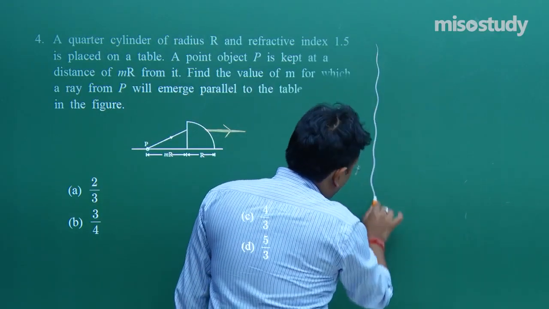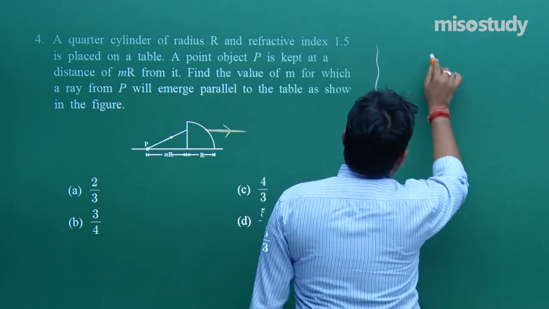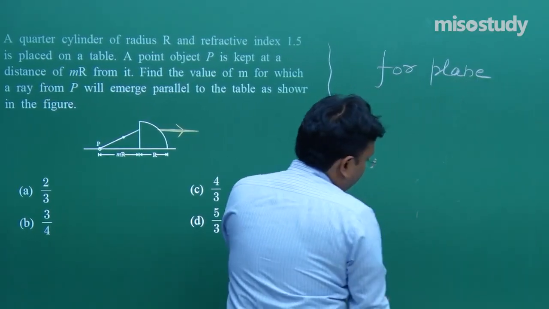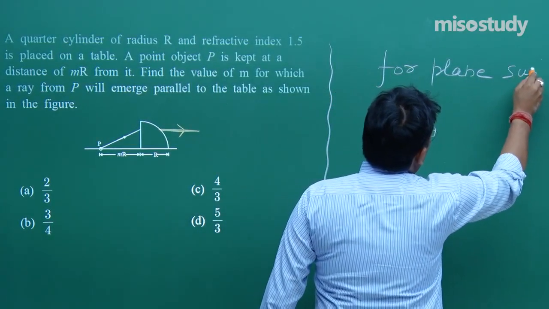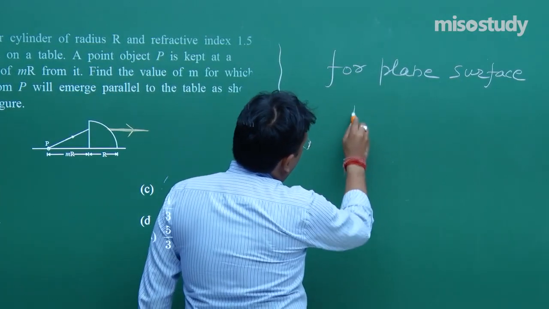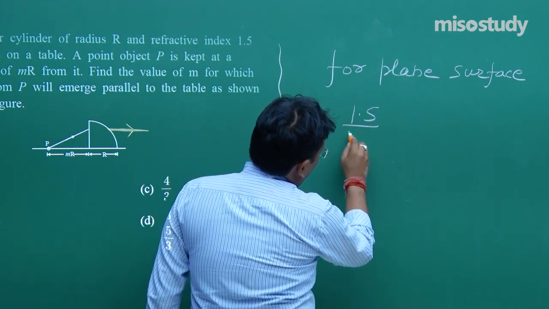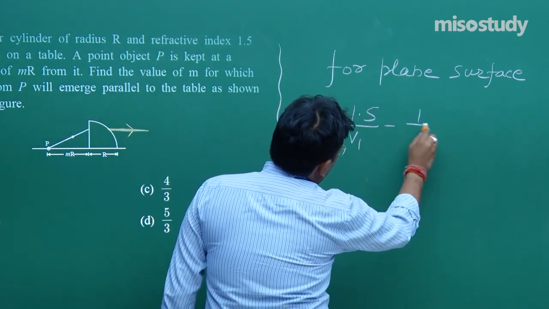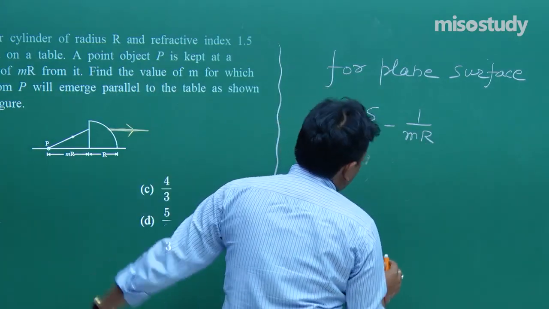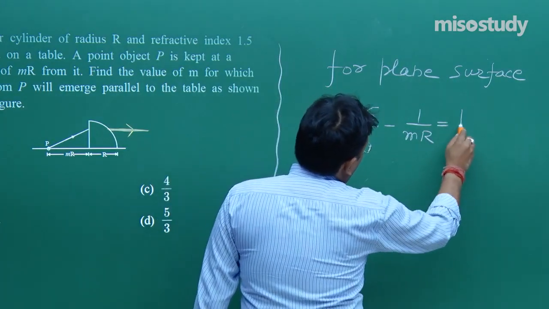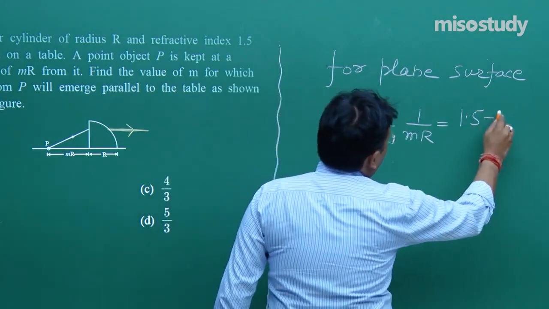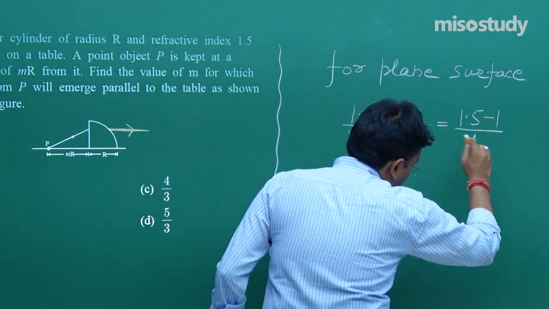So I will apply the formula for two situations. For plane surface, 1.5 upon V1 minus 1 upon mr, mr being this distance of the object from this surface, is equal to 1.5 minus 1 by 1. Fine.